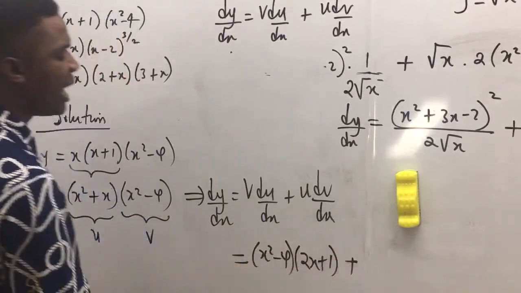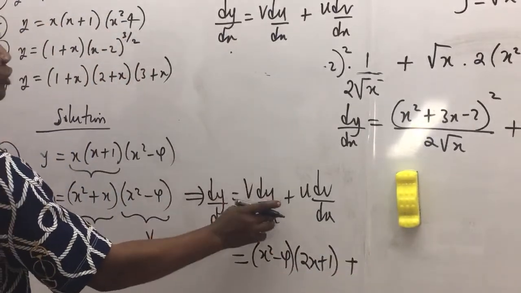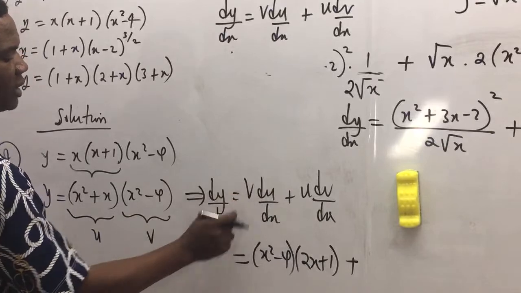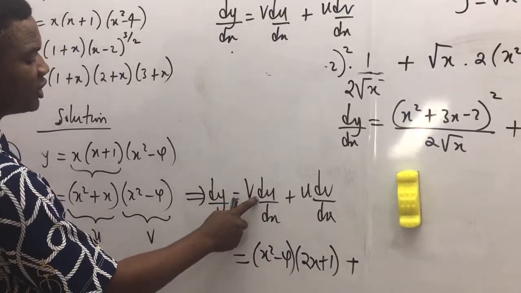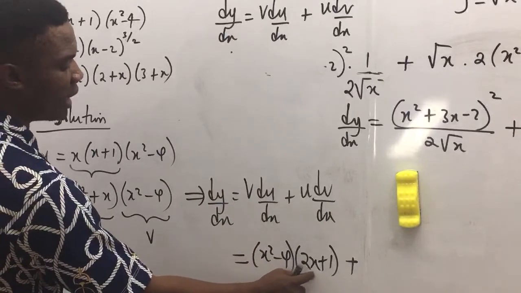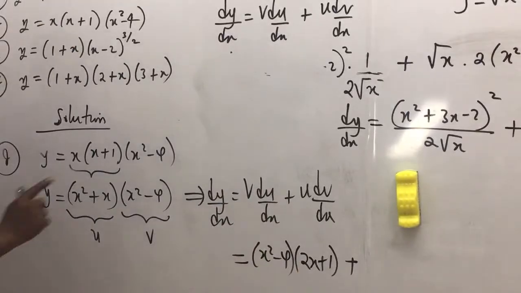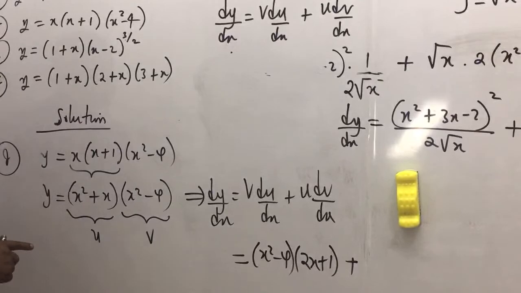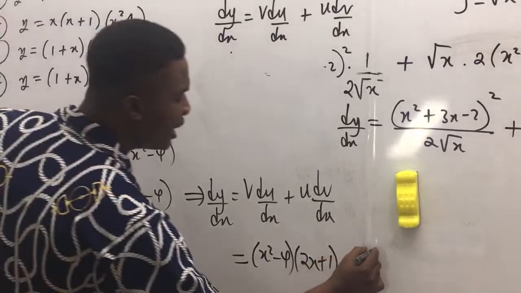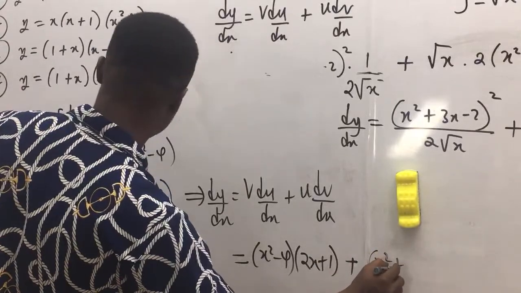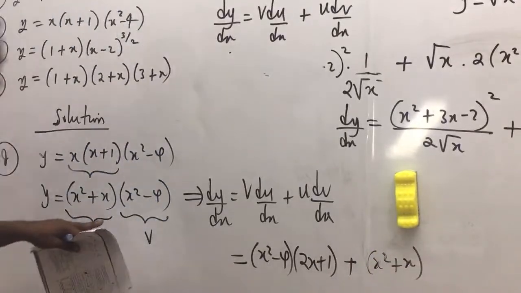Now what have I done? I have differentiated du/dx and I've multiplied my result with v. So v kept constant is x squared minus 4, and differentiating u with respect to x gives me 2x plus 1. Now let's go over to u. For u, keep u constant. If you keep u constant, u is x squared plus x. Differentiate v.